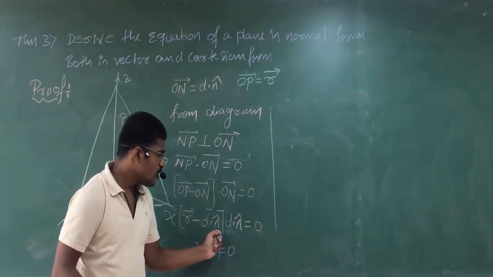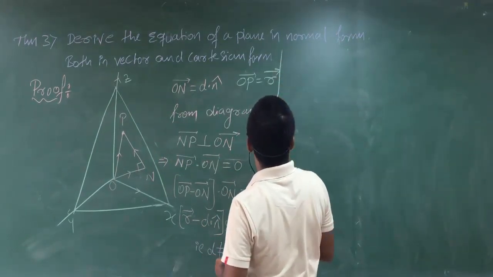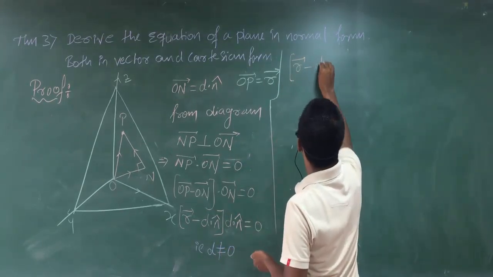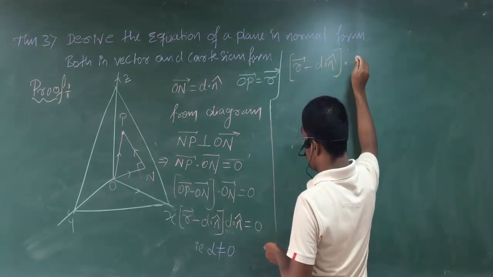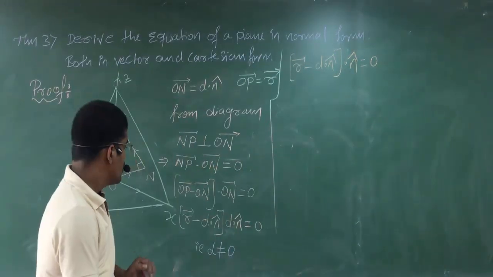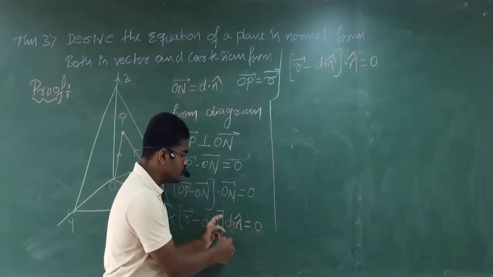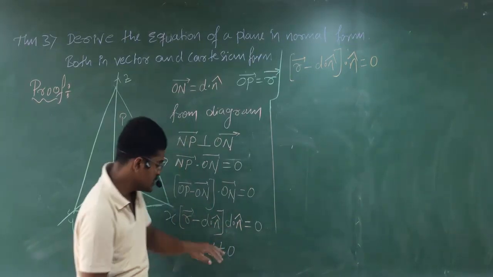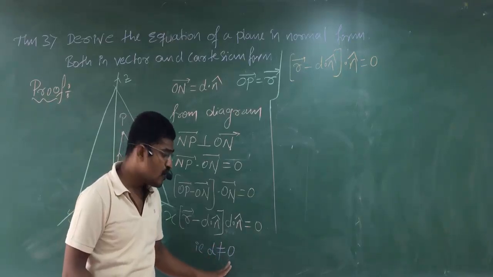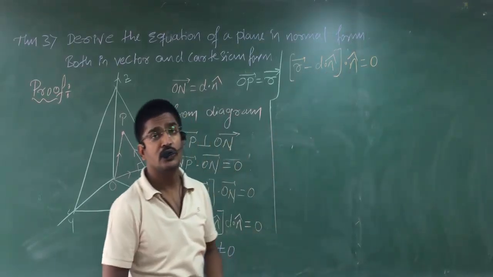So we take it as vector r minus vector d dot n cap, dot n cap, is equal to 0. This is the product of two terms, the first term and the second term. d cannot be 0, therefore d is not equal to 0. What will be the remaining thing? r minus d dot n cap equal to 0.